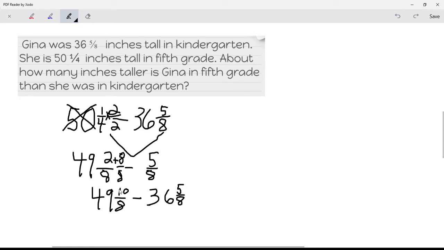So I'm going to do 10 minus 5 equals 5/8, and then 49 minus 36 equals 13. So the answer is 13 and 5/8 inches taller in 5th grade than she was in kindergarten.